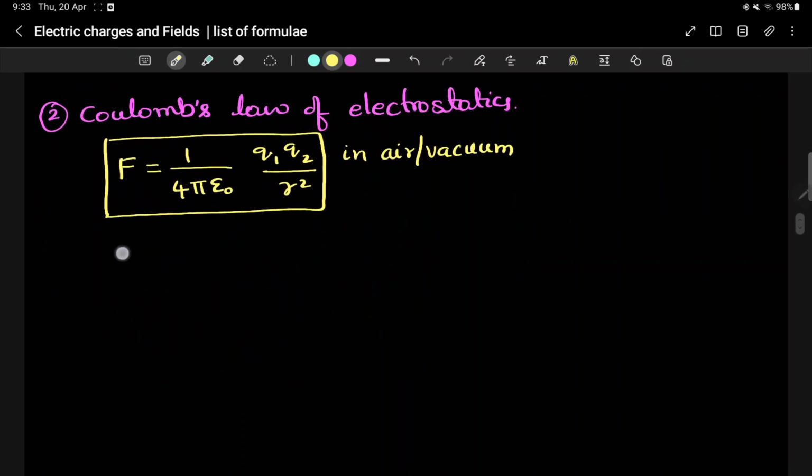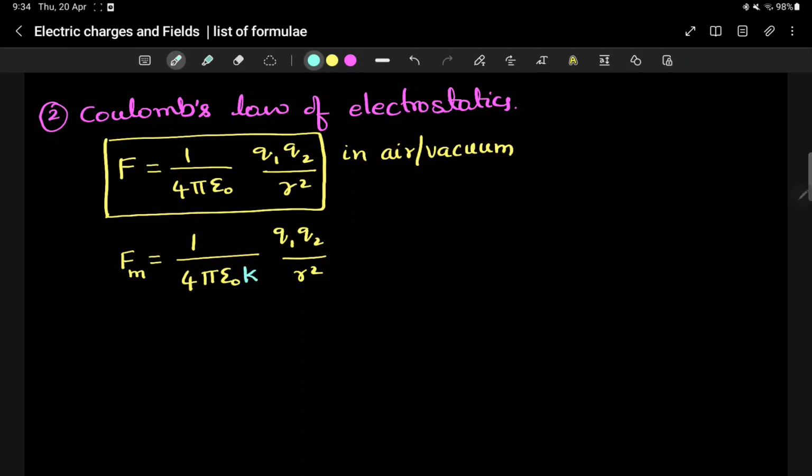Next, if in case a dielectric medium is introduced, so in a given medium, it is 1 over 4 pi epsilon naught q1 q2 by r square into k.